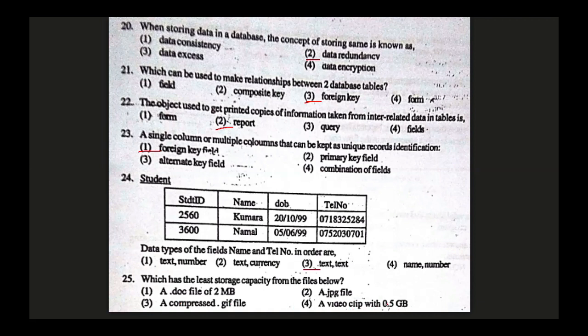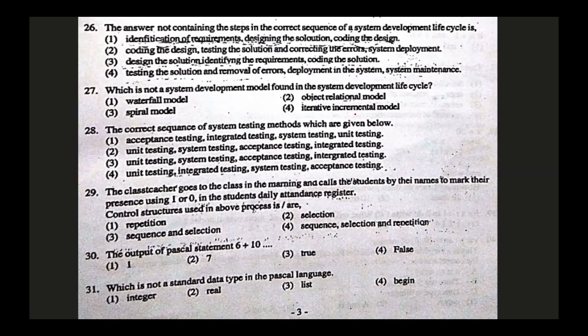A video clip, of course this is a larger one, 0.5 GB. So this should be the answer, because the JPG file is the smallest one here. This is a zip file, this is a document file. Yes, this is the answer, which has the least storage capacity. Then 26.